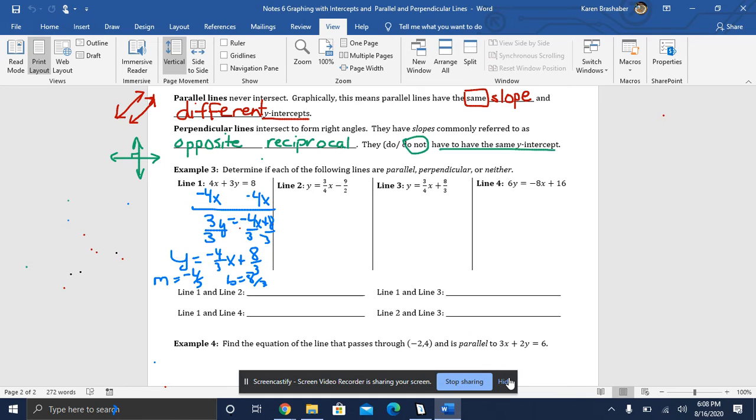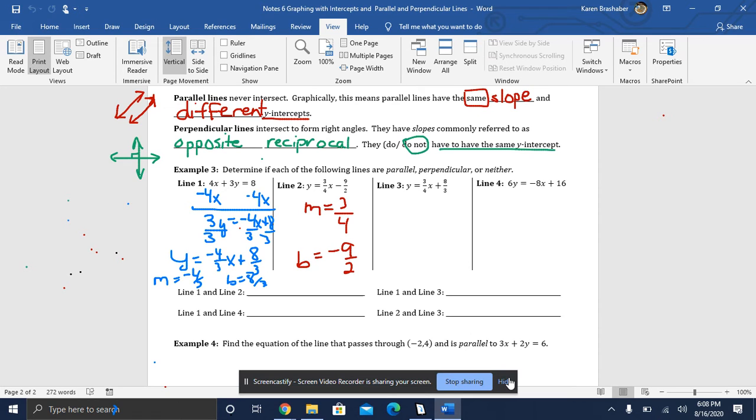The second line is already solved for y. We just need the important information out of it. Already solved for y, we have m equal to the number in front of the x, that's 3/4, and b, which is negative 9/2.